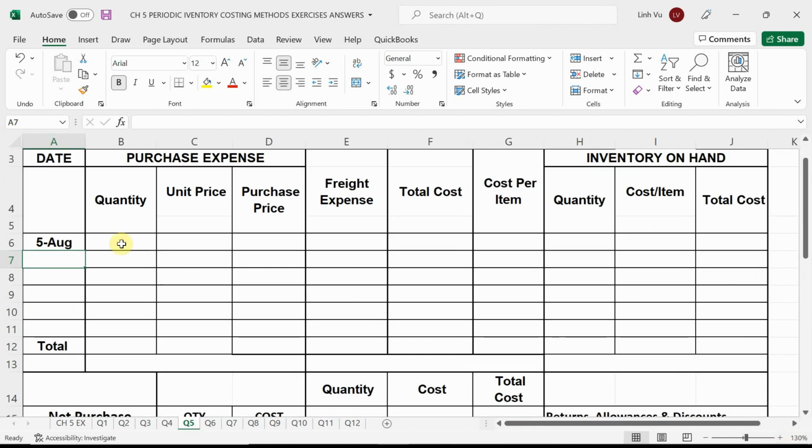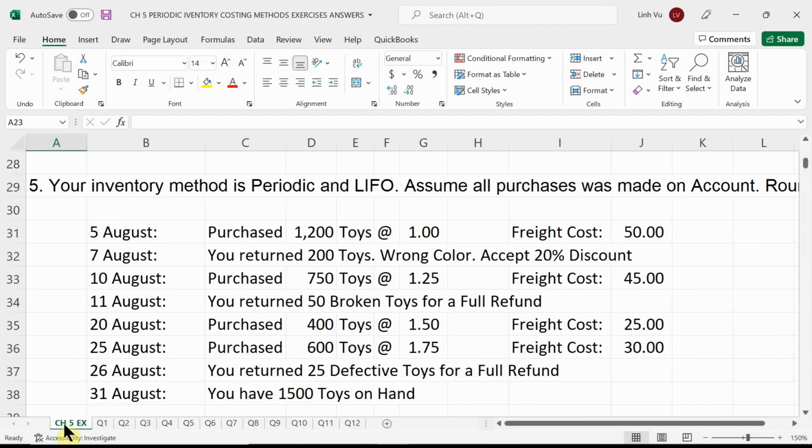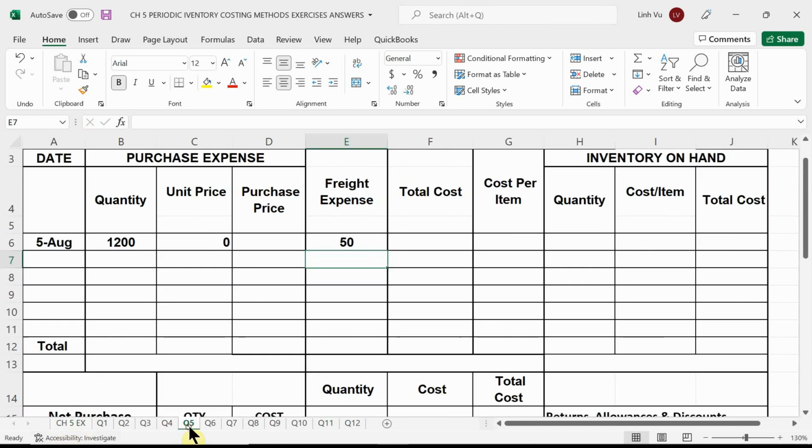Okay, August 5th, we bought 1,200 toys at $1 each with a freight of $50. Let me double check that. So what's my purchase price here? $1,500.